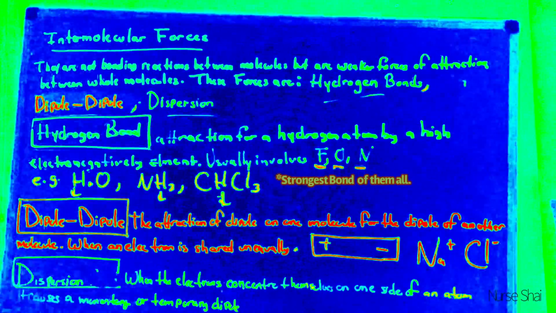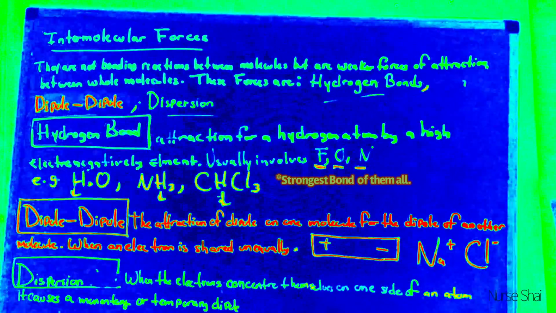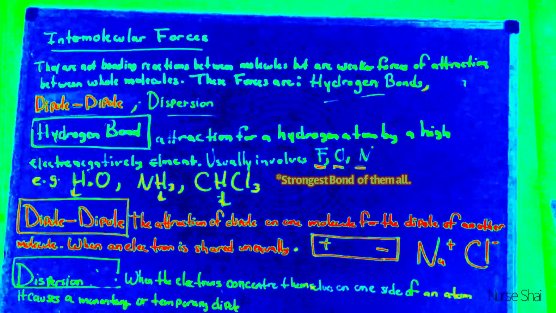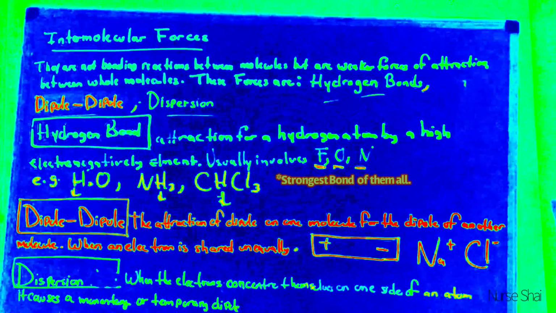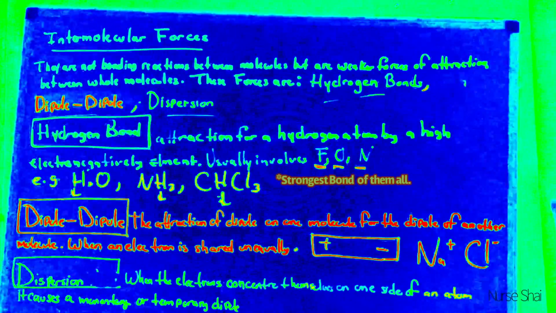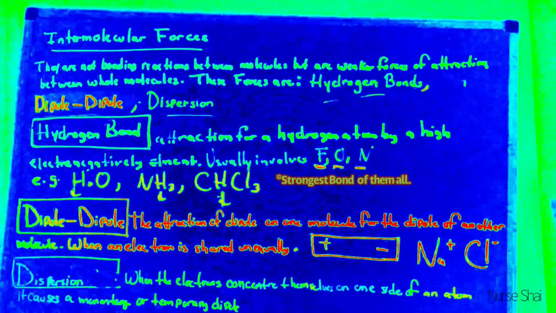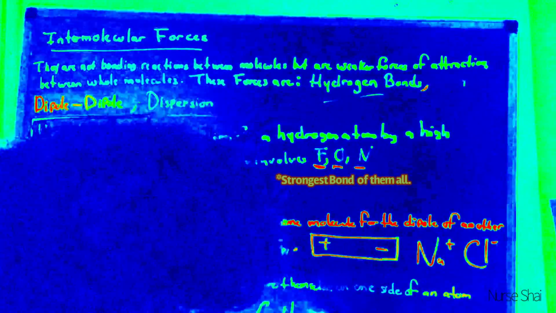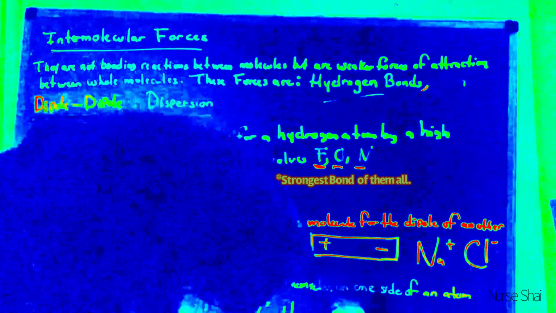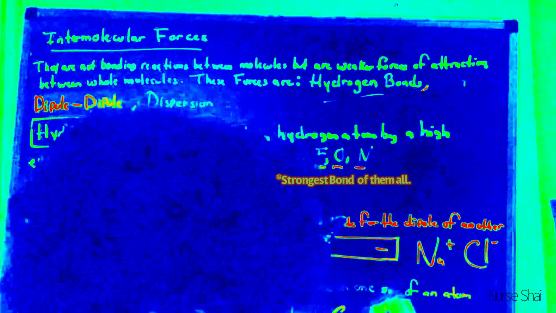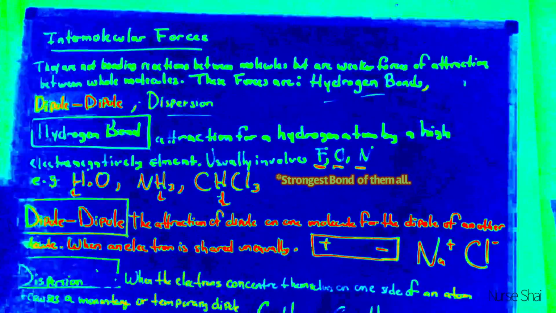For dispersion, this is when electrons concentrate themselves on one side of an atom, which causes a temporary dipole.